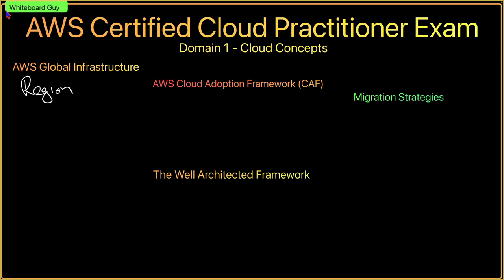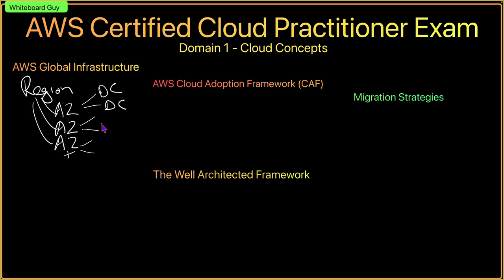They then split up their regions into availability zones, and there will be 3 or more of these availability zones. And then in each of these availability zones, you'll find that on the premises, they'll have multiple data centers running in those specific availability zones.